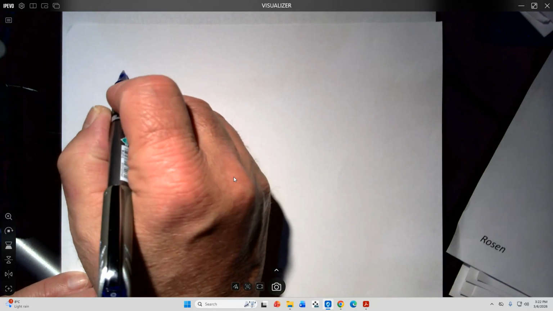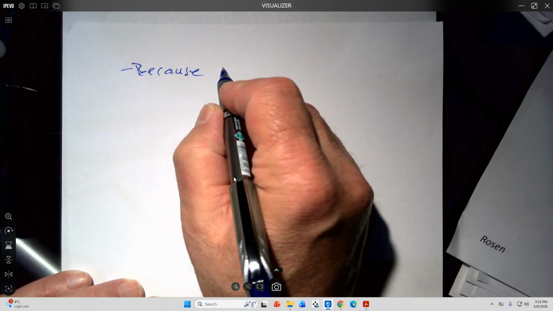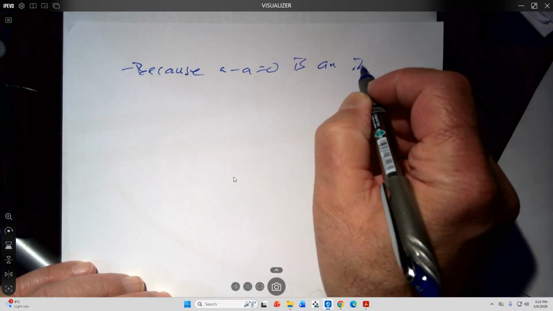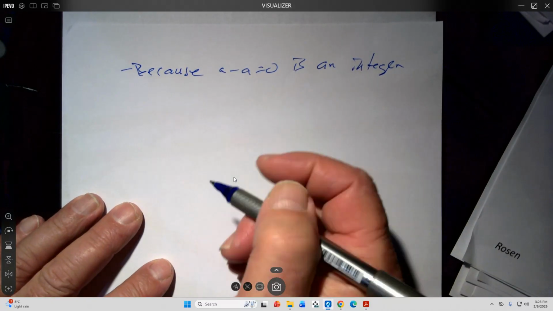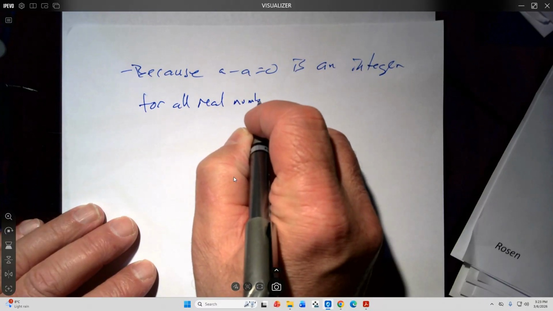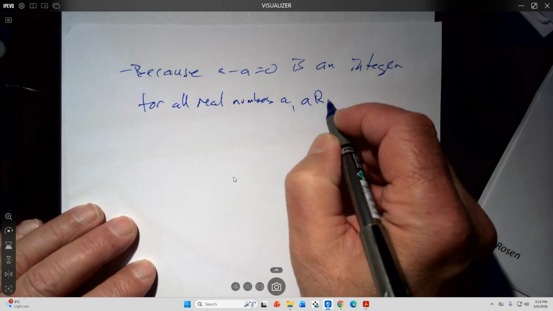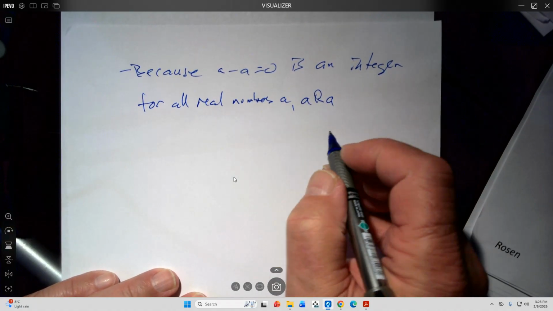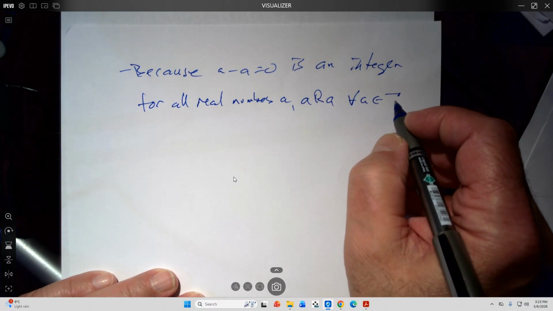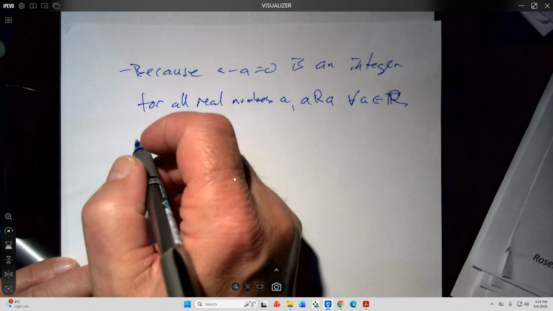Because A minus A equals 0, which is an integer, for all real numbers A, A is related to A, for all real numbers A. Hence, R is reflexive.